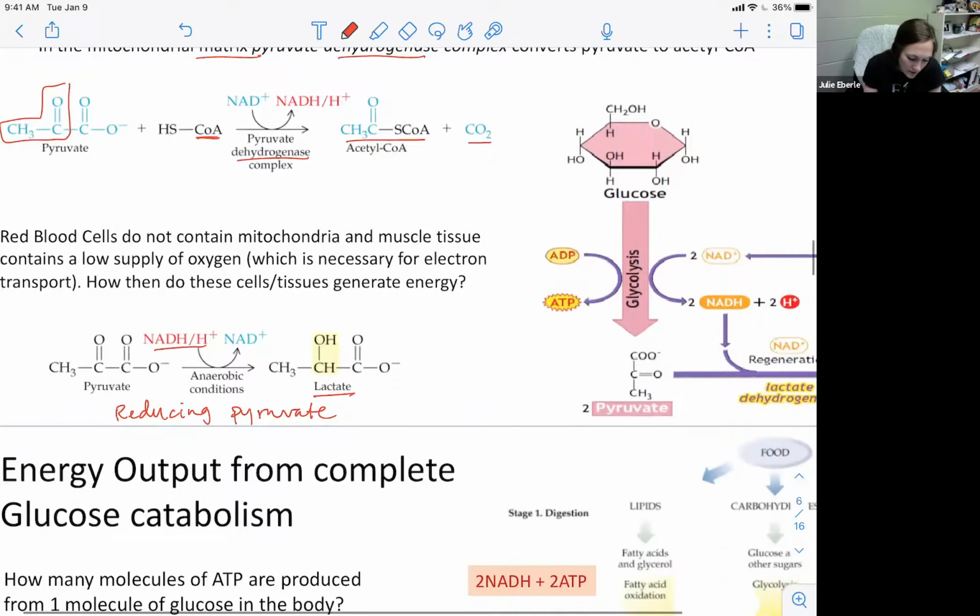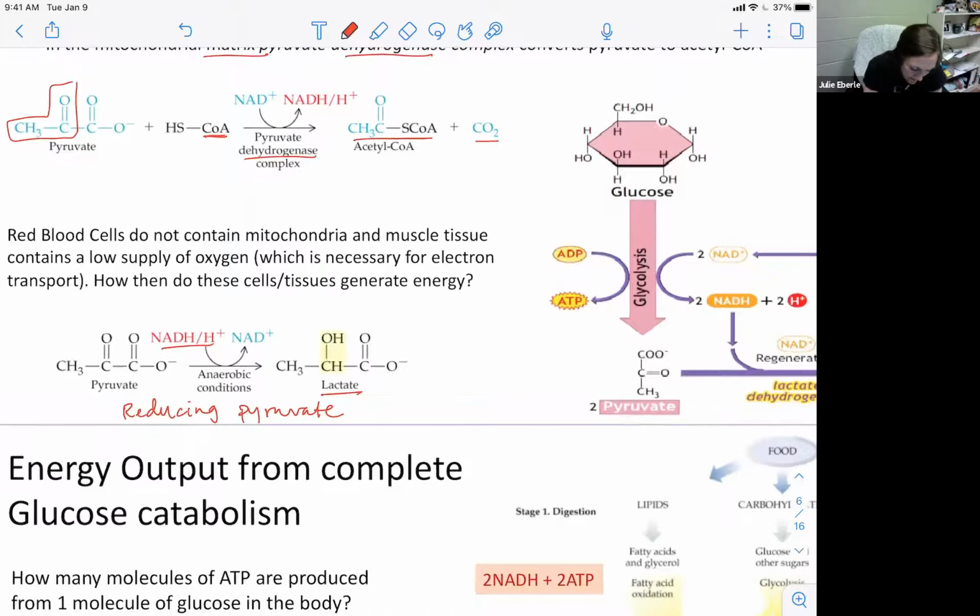So pyruvate to acetyl-CoA is considered an oxidation reaction. We're reducing the coenzyme, but we're oxidizing our substrates. But in anaerobic conditions, we're reducing pyruvate and we're reoxidizing our coenzymes. It's the opposite.